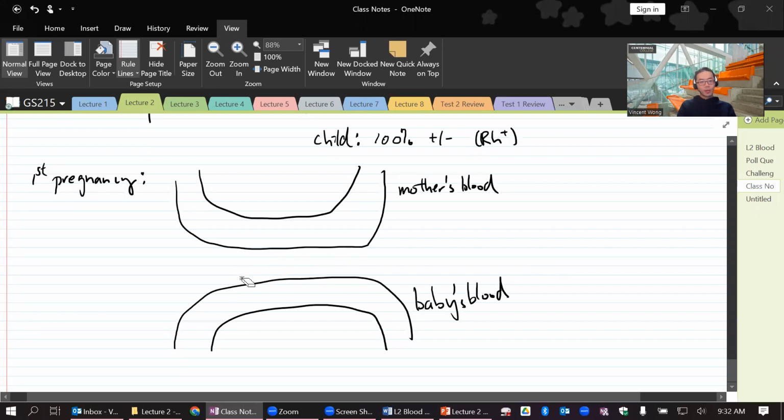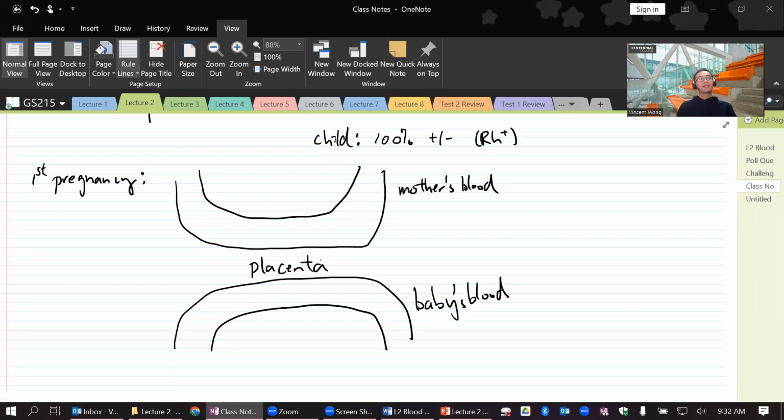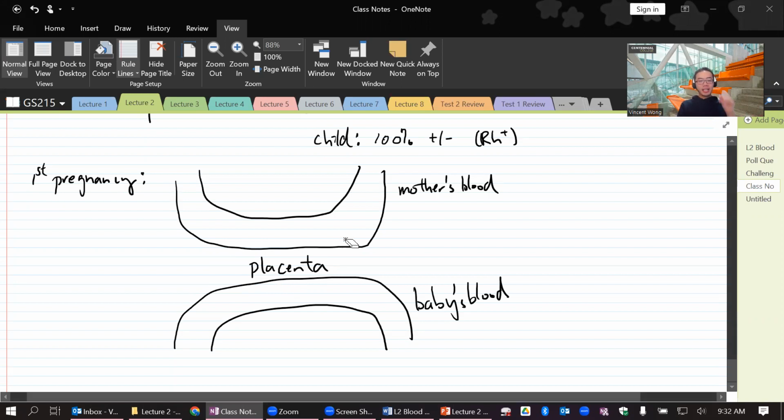There we go. Okay, so the placenta is the thing that connects the mother and the baby, and supplies the nutrients and all that stuff. For those of you who don't know, after the baby comes out, the placenta also comes out afterwards. Anyways, the placenta does a pretty good job separating the mother's blood from the baby's blood.